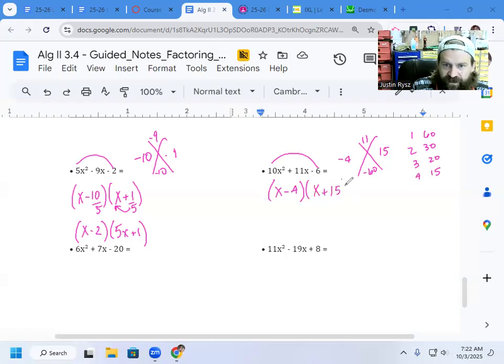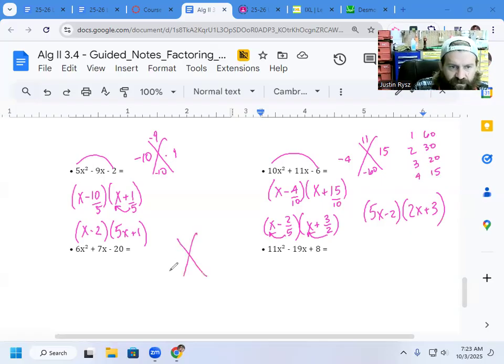This is a fun one because they both simplify. I'm going to simplify them first, divide them both by 2, that'd be 2 over 5. And if I divide this one by 5, that becomes a 3 over 2. And slide them both over. So the final answer would be 5x minus 2 times 2x plus 3.